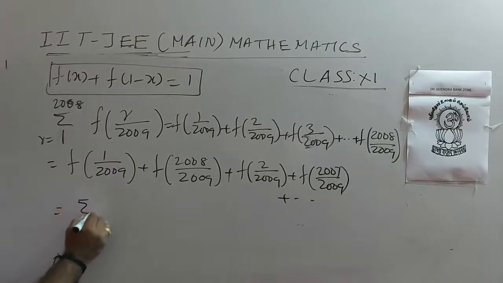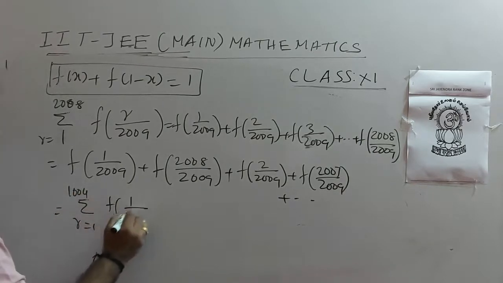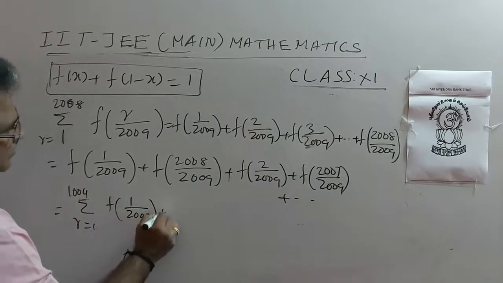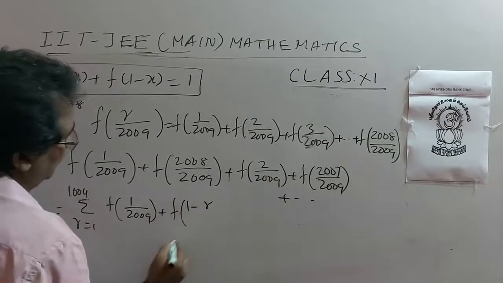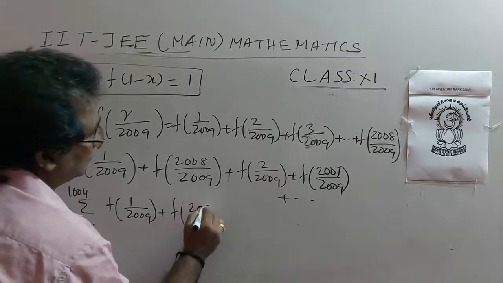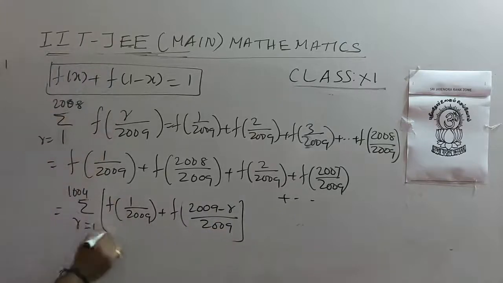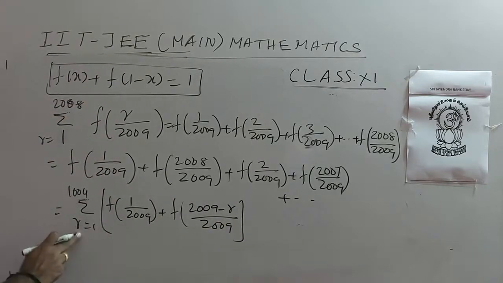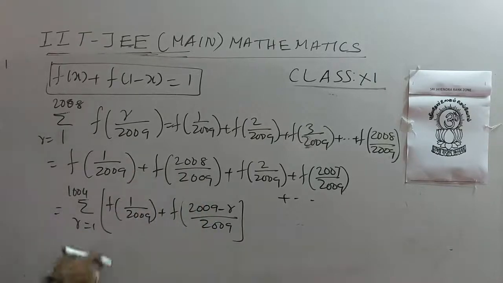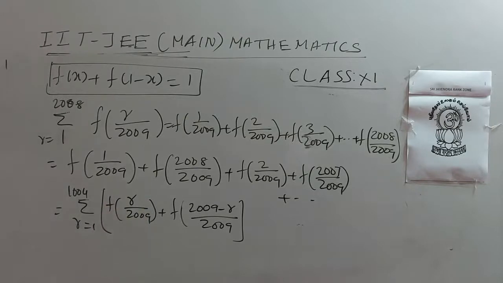So you can write summation r equal to 1 to 1004 of f of r by 2009 plus f of 1 minus r by 2009. If you take r equal to 1, you will get f of 1 by 2009 and 2008 by 2009, these two terms.